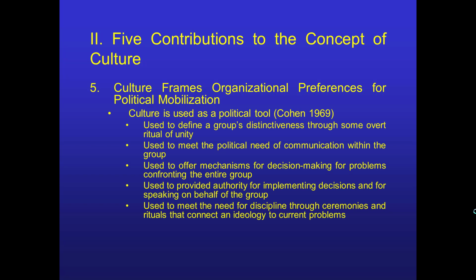And here is where the political science comes into this. Culture is now used as a political tool. So we started out in the anthropological. We gradually evolved through the psychological and sociological until we get to point 5, the political scientific.